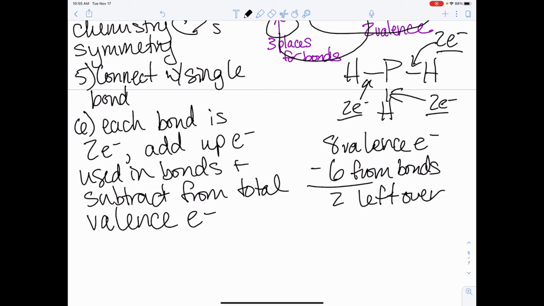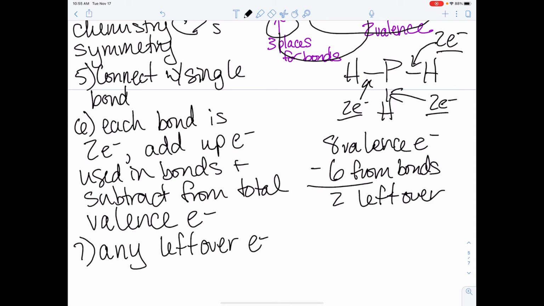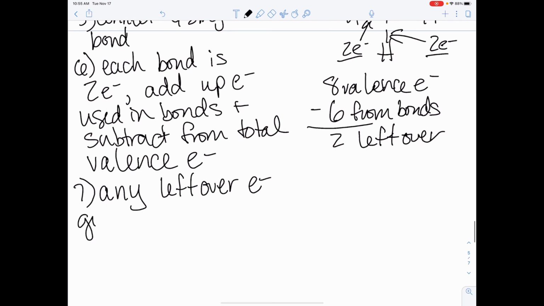Each bond is 2 electrons, so you add up the electrons used in the bonds and subtract from the total valence electrons. Any leftover electrons go on the central atom.